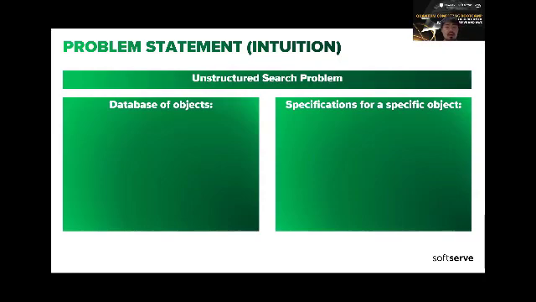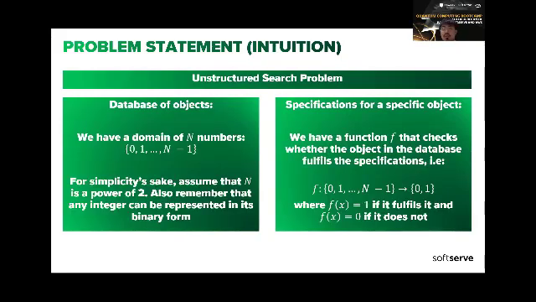Now, from the intuition, we are going to move into how we define the database of objects and the specifications for the specific object. For the database of objects, we represent it as a domain of N numbers.